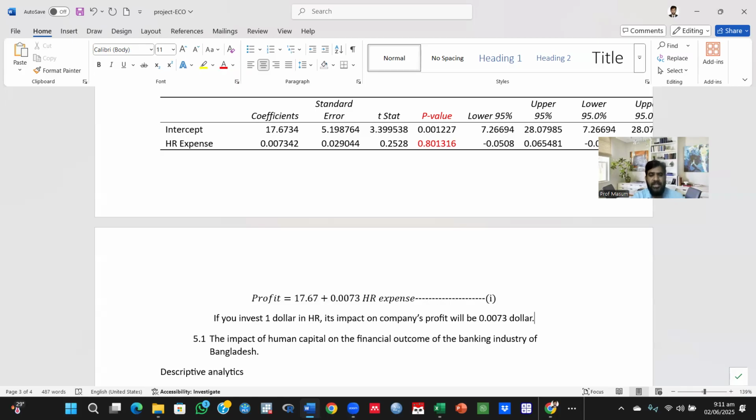That is the sense, all right? So that means investing in human resources is not increasing profit much; it is very insignificant.